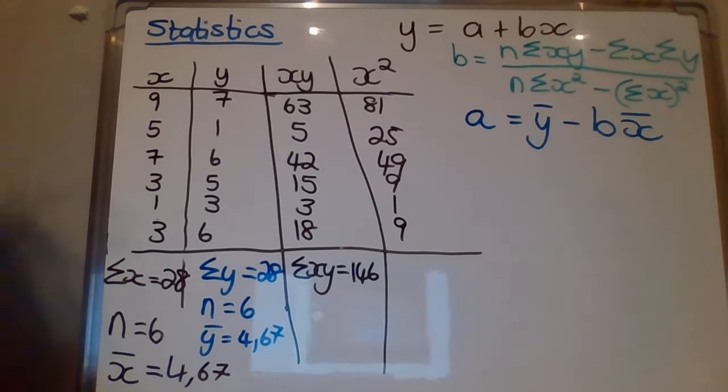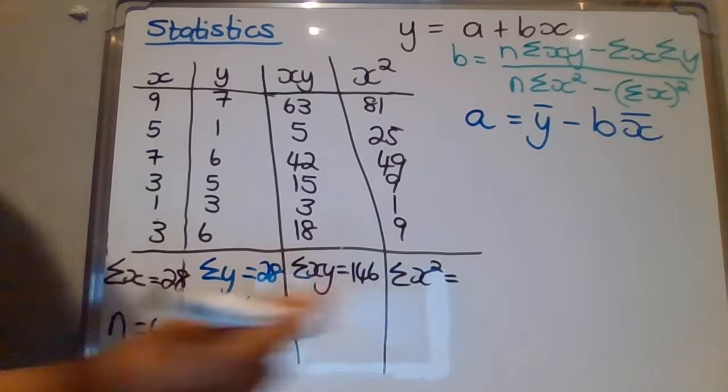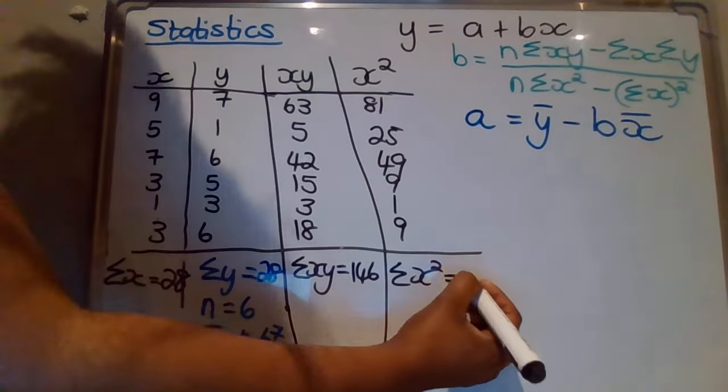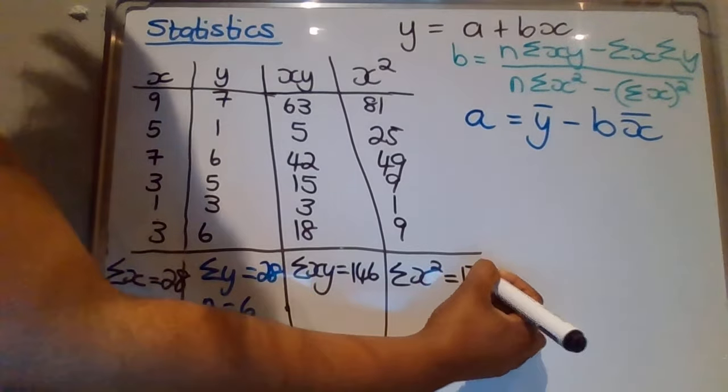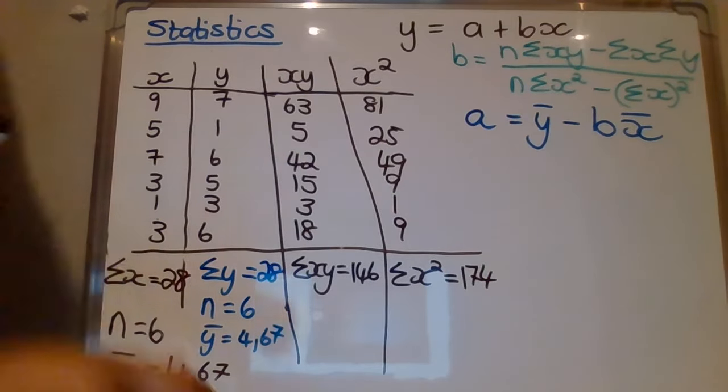So then we need to find the sum of those x squareds. So this is equal to 174. Okay, and now our job is done.